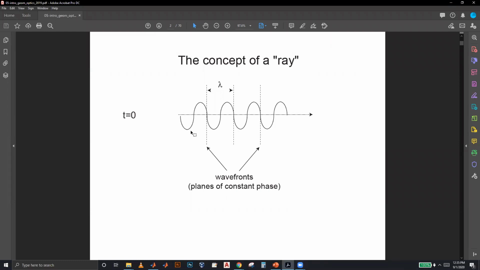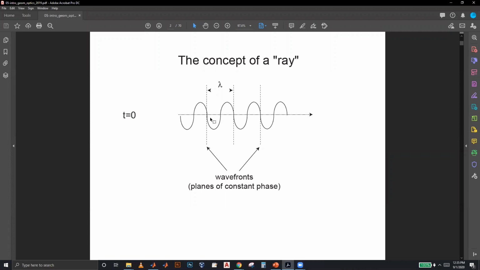So I can draw out the disturbance in the form of a sinusoid. And then suppose this is at time equals 0. So the wavelength is defined from a peak to a peak or a trough to a trough. You're familiar with this. And we then define a wavefront as planes of constant phase.